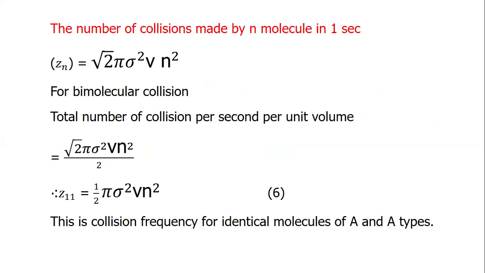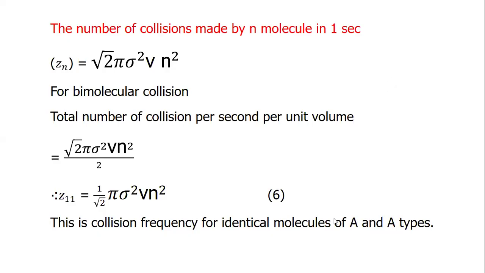For bimolecular collisions, the total number of collisions per second per unit volume is root 2 pi sigma squared v n squared over 2, so Z11 equals 1 over root 2 pi sigma squared v n squared. This is the collision frequency for identical molecules of A and A types.